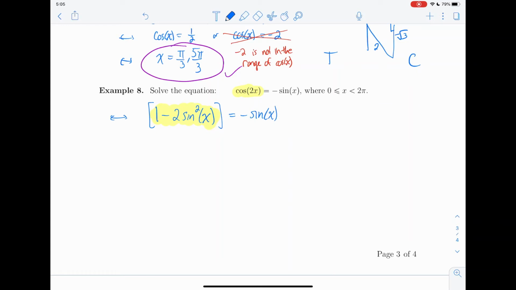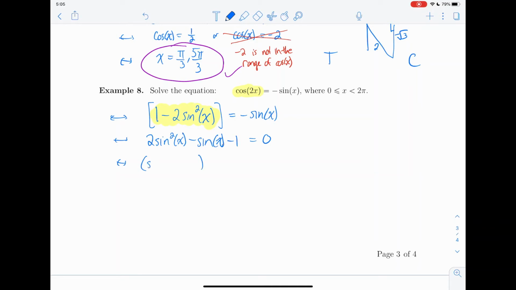And so now we can move everything to one side, make everything positive, the usual, and we should get 2 sine squared x minus sine of x minus 1 equals 0, which is again quadratic-like.